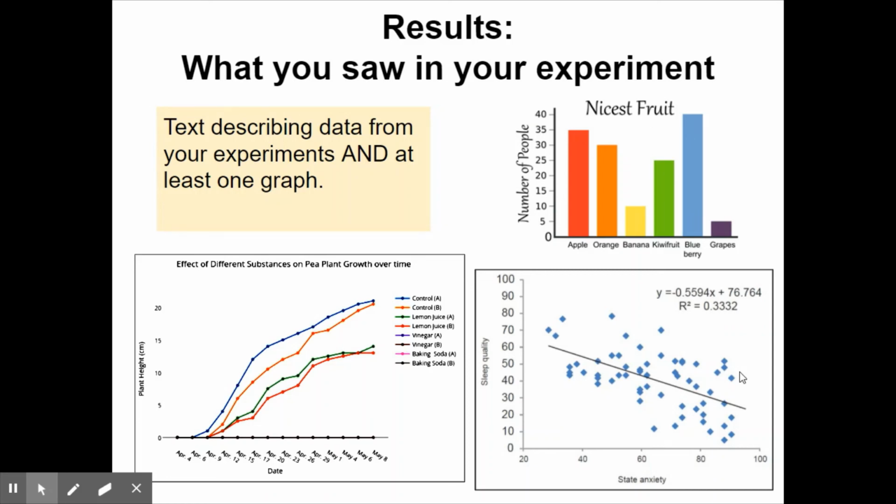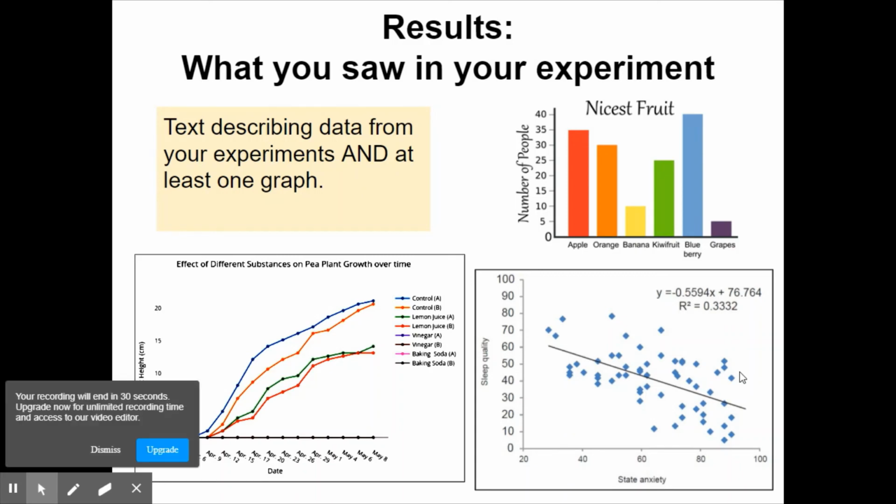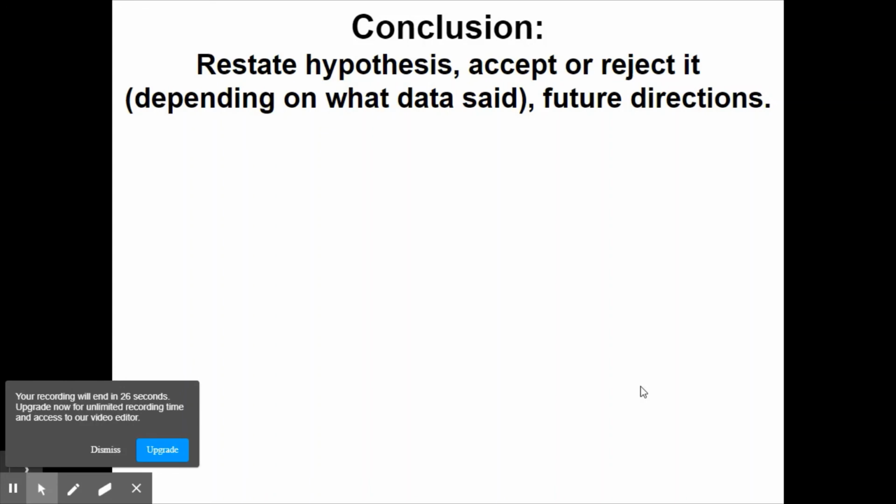Yes, it will. It will say exactly the same thing, but it's showing it in a different way. In your conclusion, you're going to restate your hypothesis, accept or reject it depending on what your data said, and say what future directions, like what you would do if you were going to do this experiment again. That was a long one. So that's it for today.